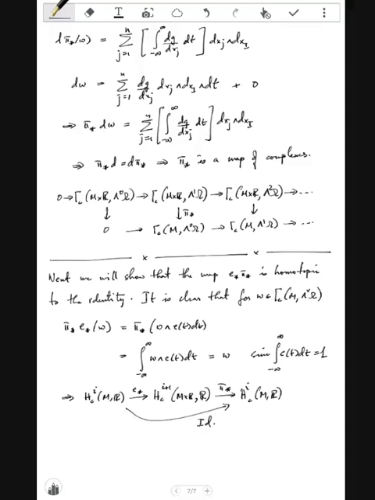So once we show that the identity is homotopic to e lower star pi lower star, this will imply that e lower star and pi lower star are isomorphisms. And to show this, we will define a homotopy operator.